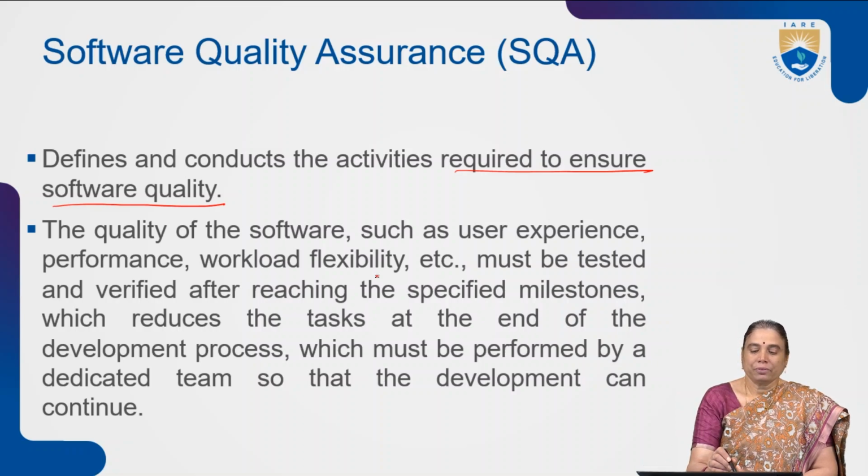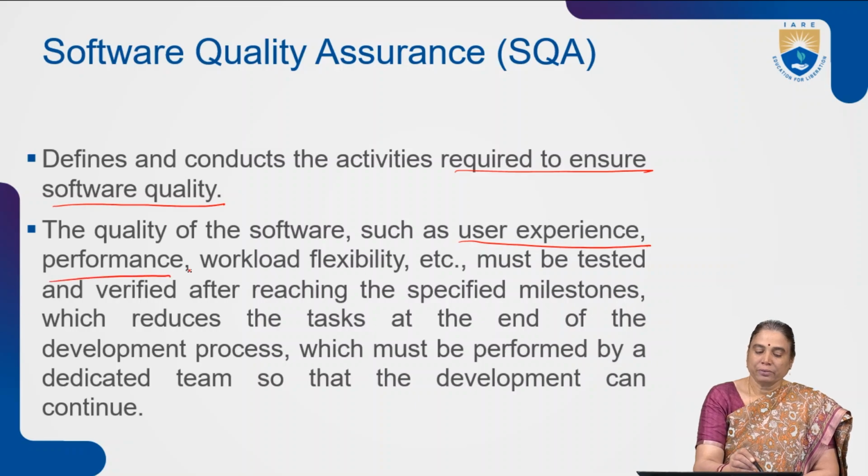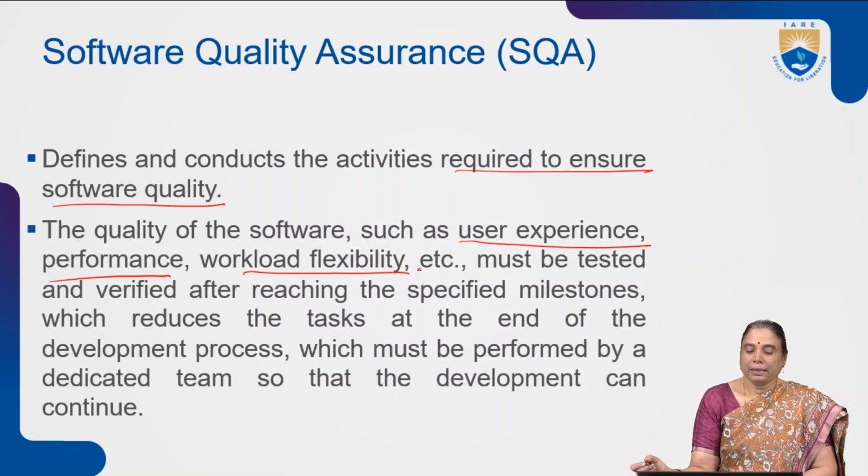The quality of the software, such as user experience, performance, workload flexibility, etc., must be tested and verified after reaching the specified milestones. This reduces the task at the end of the development process, and must be performed by a dedicated team so that the development can be continued.